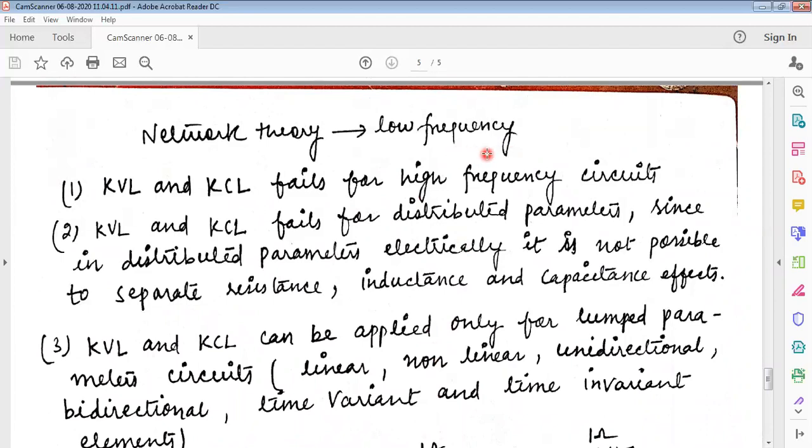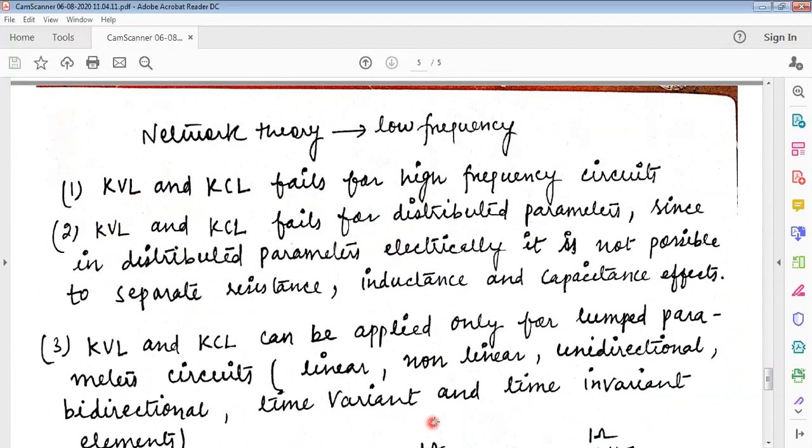So KVL and KCL fail for high frequency circuits. You can apply them only for low frequency circuits. This is one conclusion. Another conclusion is that KVL and KCL fail for distributed parameters. Two types of parameters are there: one is lumped parameters, another is distributed parameters.